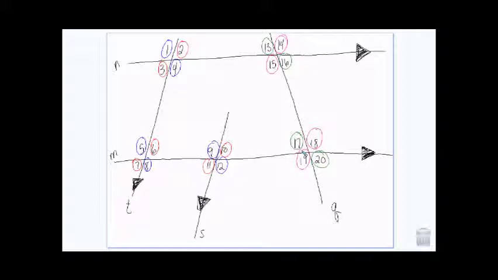But they don't have any relationship as far as their angle measures with the ones that are hanging out on T. Questions about that?